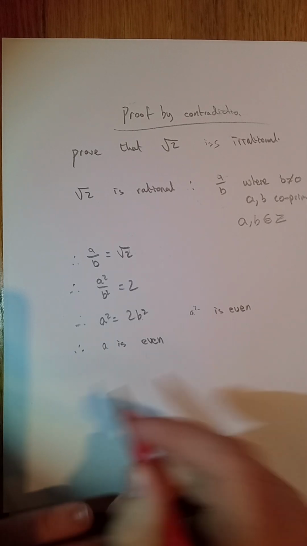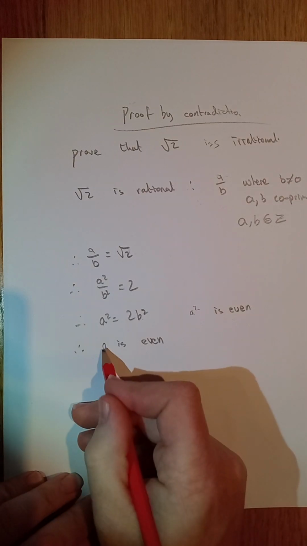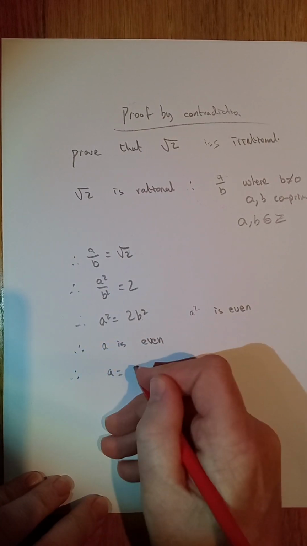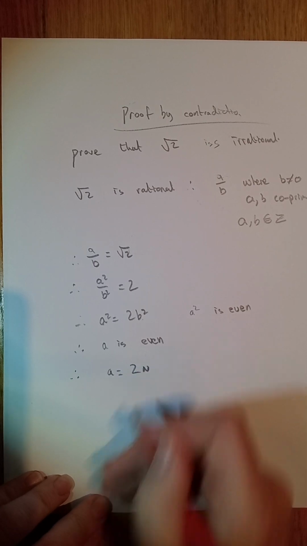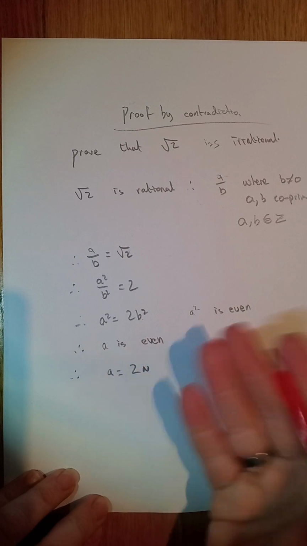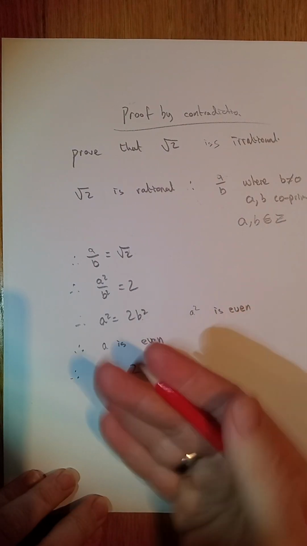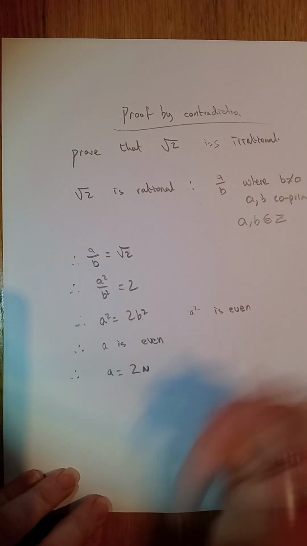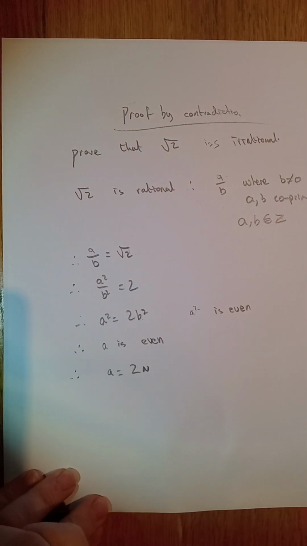But listen, we can write a as 2 times another number because it's even. Every even number can be written as 2 times another number. That's why it's even. 2 can be written as 2 times 1. 4 can be written as 2 times 2. 16 can be written as 2 times 8.